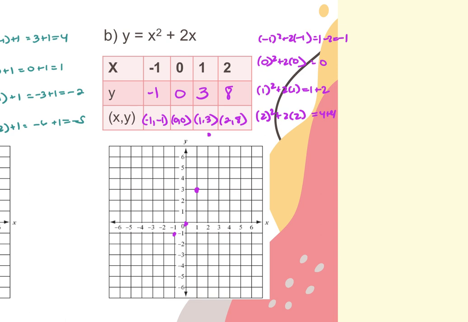As it is, I actually only have this kind of graph. I don't even have the other side of my parabola. Knowing that it's a parabola, you could always plug in some additional points to have it come back up on the other side.